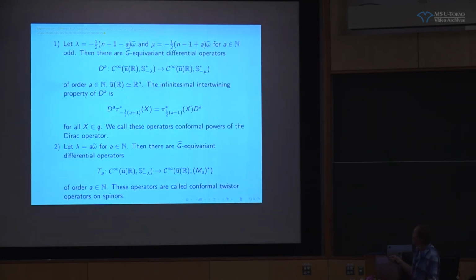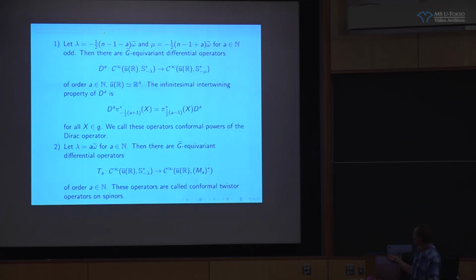So first of all, there are equivariant differential operators which are called conformal powers of the Dirac operator. So this is what they are. In the non-compact picture of inducing representations, they act on spinors twisted by a certain character, which is specified by one of the numbers mentioned in the previous classification scheme for the singular vectors.